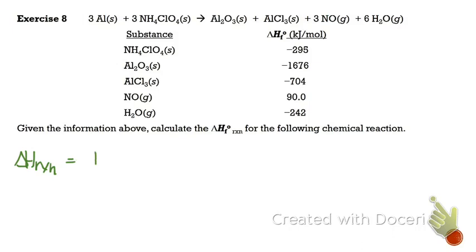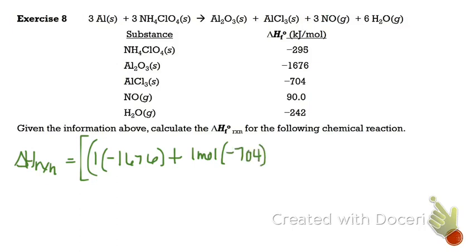So I have 1 mole of Al2O3, which is negative 1676, plus 1 mole of AlCl3, which is negative 704, plus 3 moles of NO, which is positive 90, plus 6 moles of water, which is negative 242.